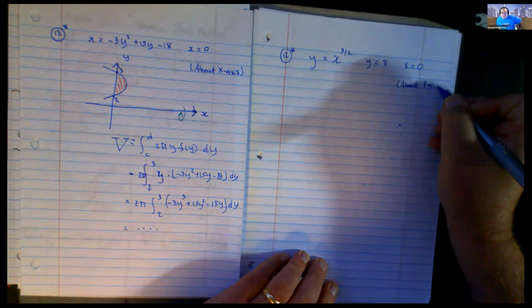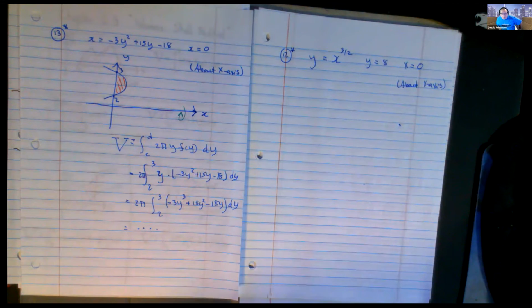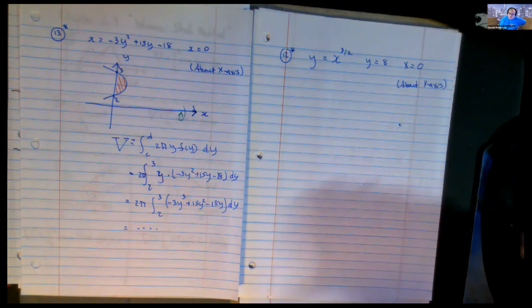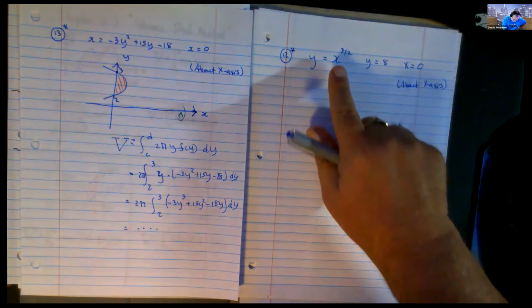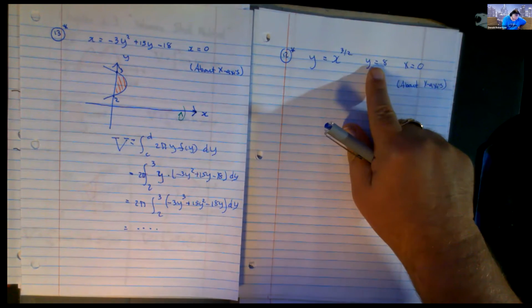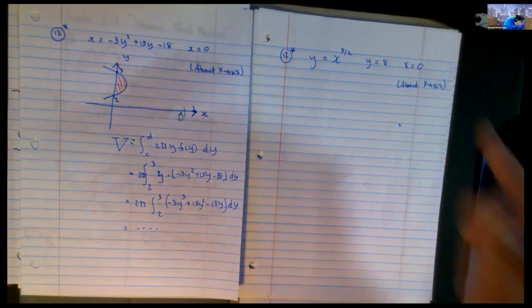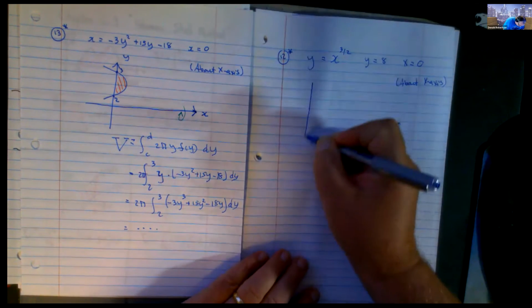I think this explains, to me anyway, why it's important to draw sketches to see what on earth is going on here. Definitely going to be rotating this curve, and that's a boundary line. This is another boundary line. So I'm going to try and draw a sketch of it.